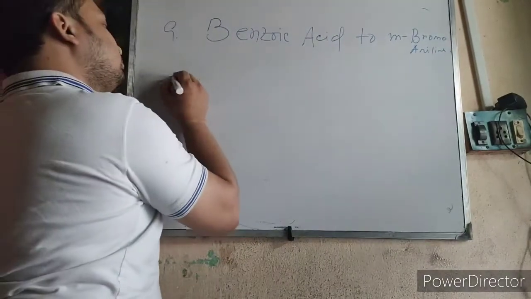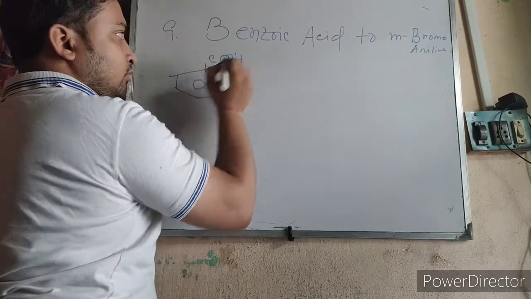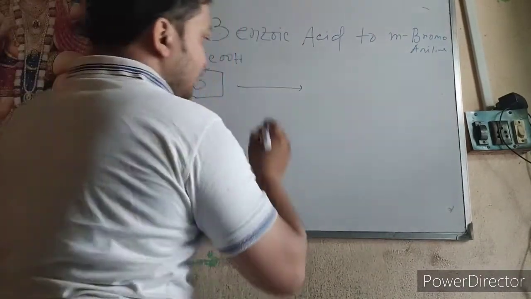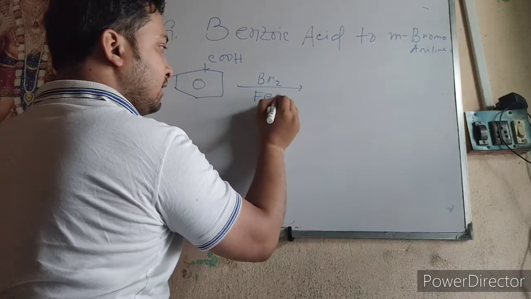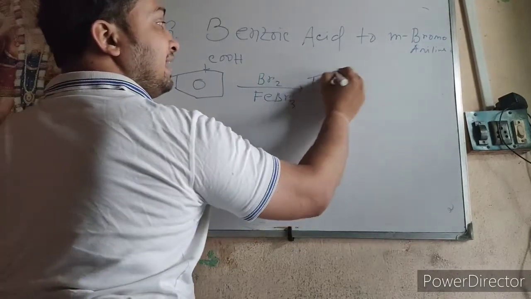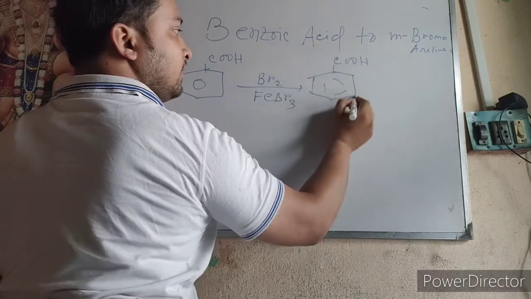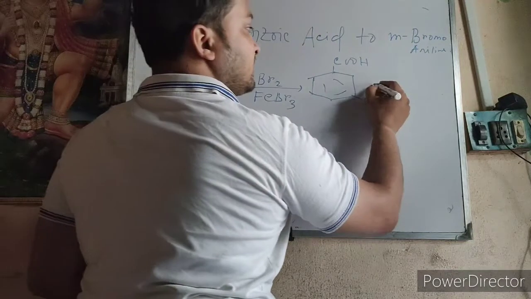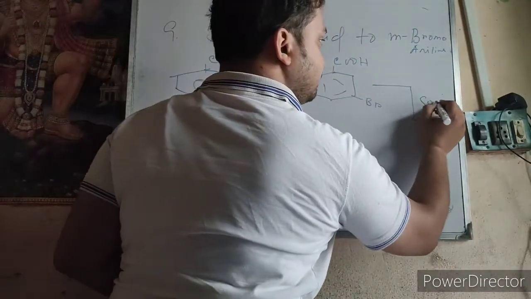This is benzoic acid. Then you use Br2 and FeBr3, so you get Br on the meta position, giving meta-bromobenzoic acid. Then you use SOCl2, so the product is COCl with Br.